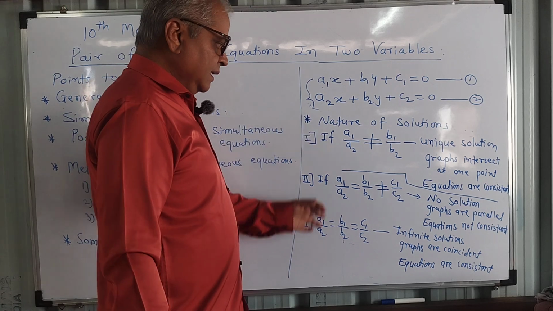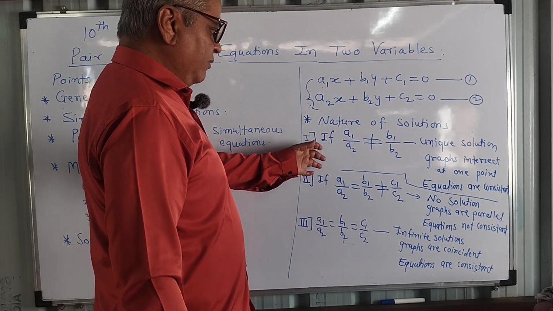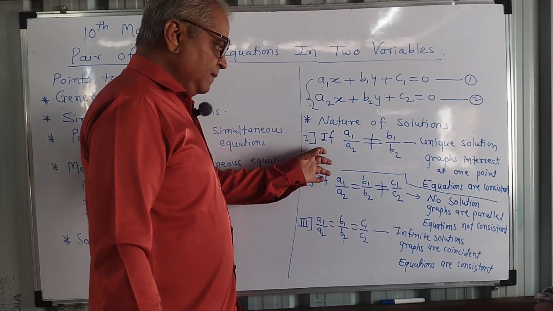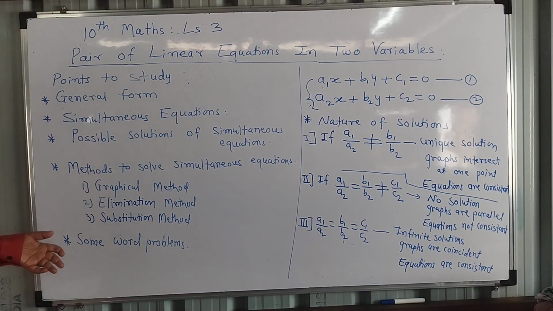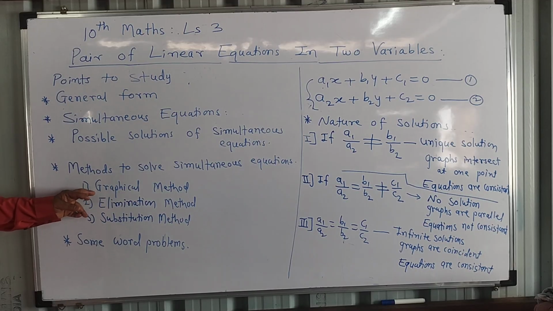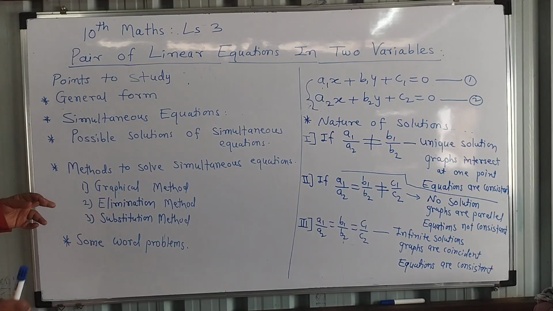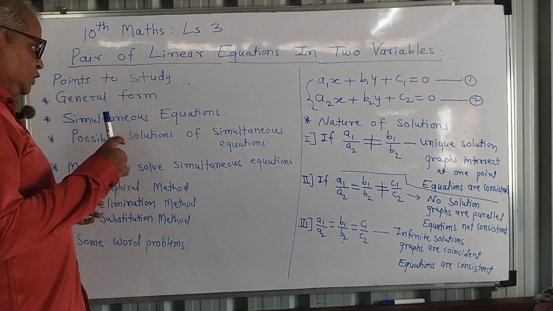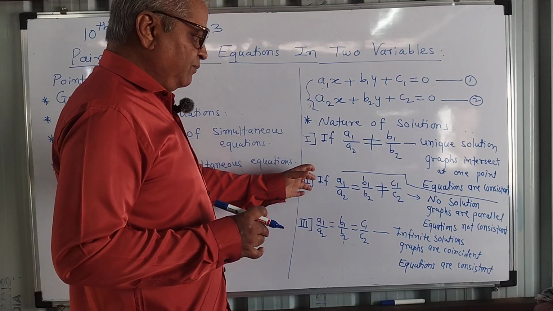So याच्यावरती आधारित आपण काही क्वेश्चन्स अगोदर एक्सरसाइज 3.1 मध्ये करणार आहोत. त्याच्यानंतर काही वर्ड प्रॉब्लेम क्वेश्चन 1 मध्ये आहेत. Those questions will be solved by graphical method. We will not consider elimination and substitution method in exercise 3.1. We will only consider graphical method. So whatever we'll study in exercise 3.1 is first question number 2, 3 and 4.